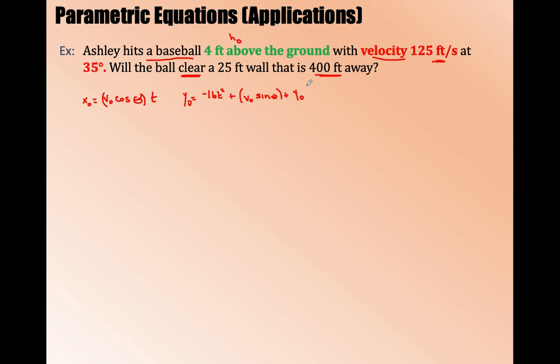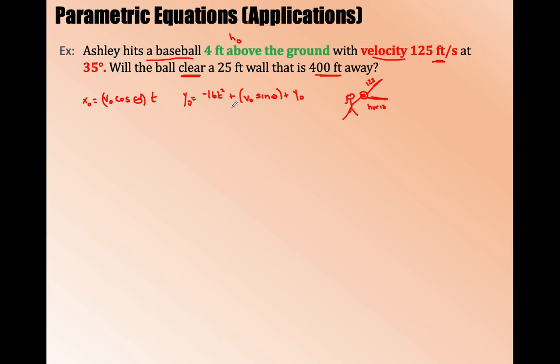So what's happening here with Ashley? I have Ashley sitting over here and hitting a baseball, right? So here goes the baseball, and the initial velocity is here. The horizontal component remains unchanged.